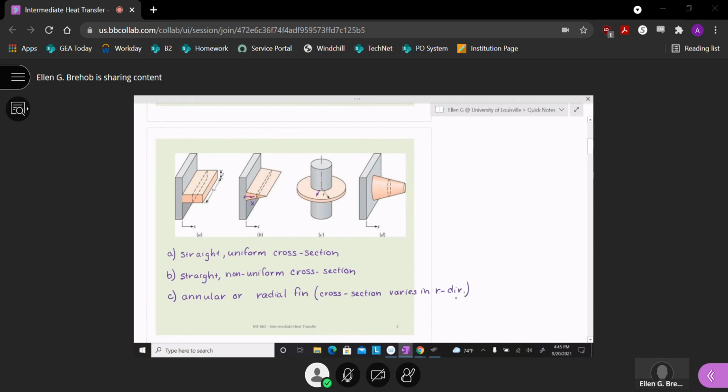Okay. So this fits in our case of non-uniform cross-section. And then D is a pin fin. Okay. And we could have pin fins that have uniform cross-section. So if I'm moving in the plus X direction and the area is changing, but I could have cases where I just have this nice little wire or cylinder shaped fin.